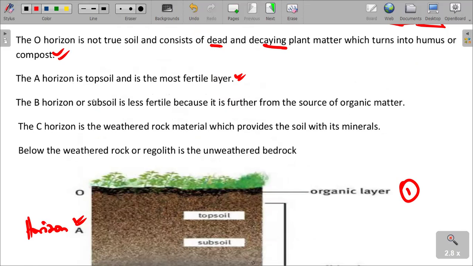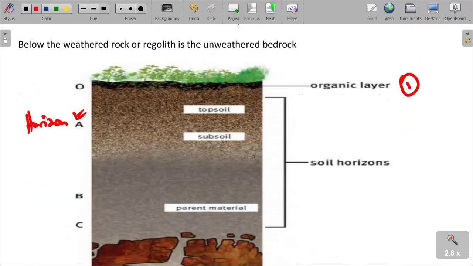So Horizon B, which is also subsoil, is less fertile because it's further from the source of organic matter. It is not close to the organic matter.